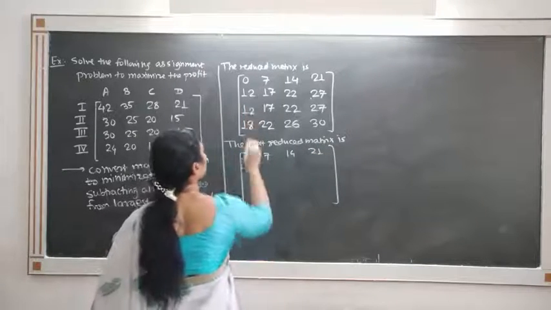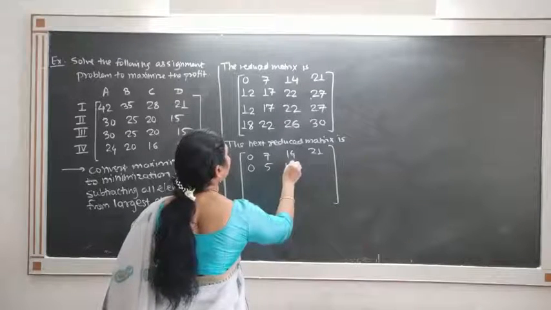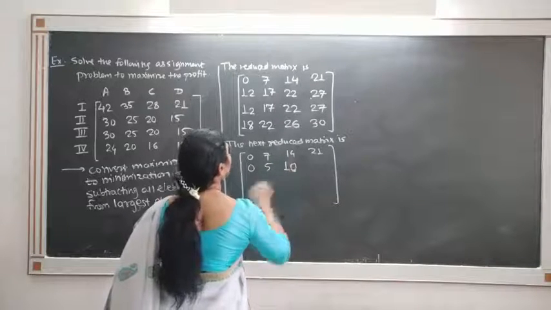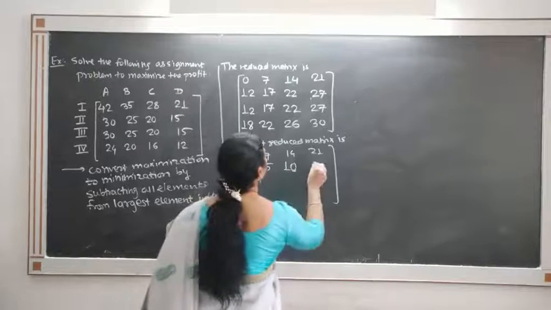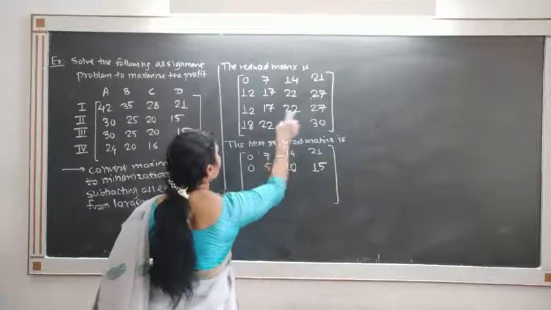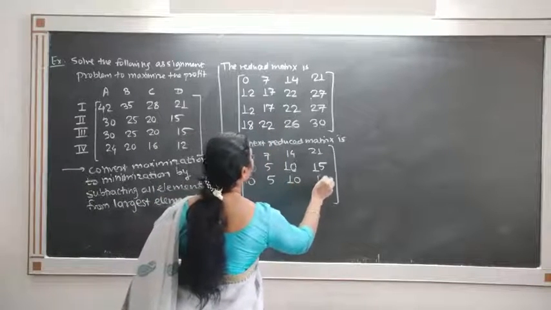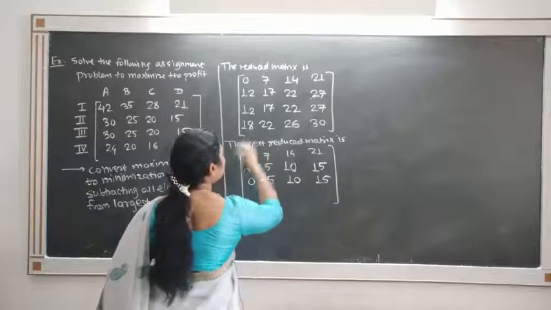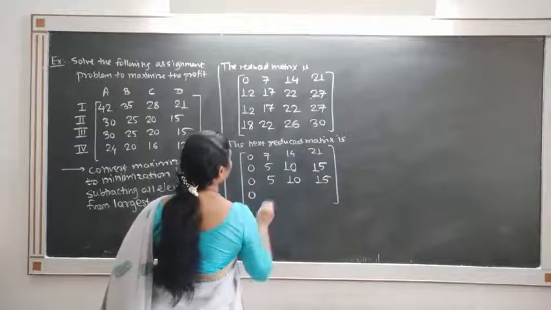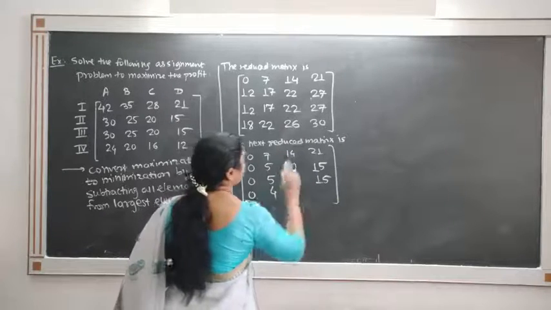Second row, smallest is 12, remains 5, 10, 27 minus 12, 15. 12 is the smallest: 0, 5, 10, 15. 18 is the smallest: 0, 4, 8, 12.